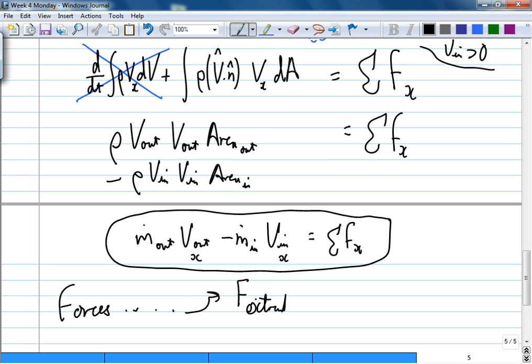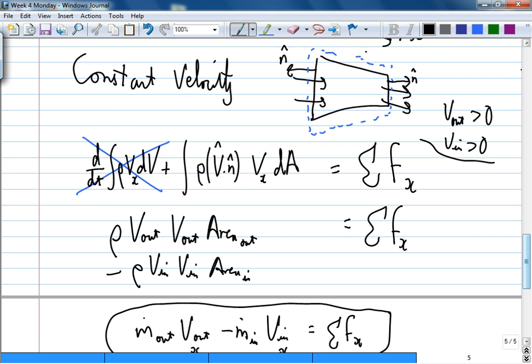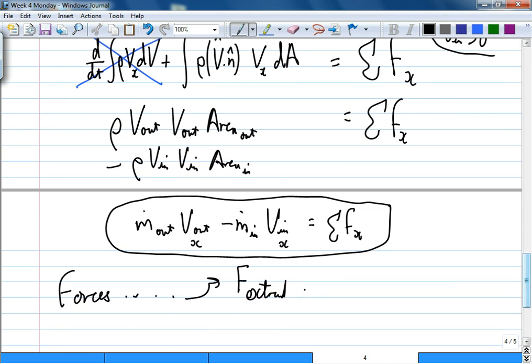Sometimes your control volume is held in place. Maybe in this case, your control volume is this nozzle. Maybe you need some hand or something to hold it in place. If not, it might move around, like an anchoring force. So you could have an external force, like an anchoring force.